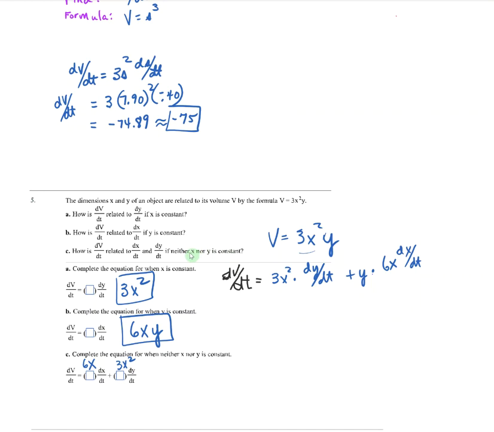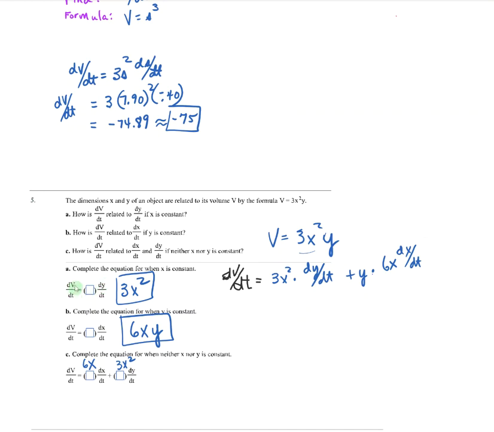Remembering that a constant doesn't have a dx or a dy, it's just a number. So I wrote here what dV/dt would be. It would be 3x squared times the derivative of this one, which is dy/dt, plus y times the derivative of this one, which is 6x dx/dt.